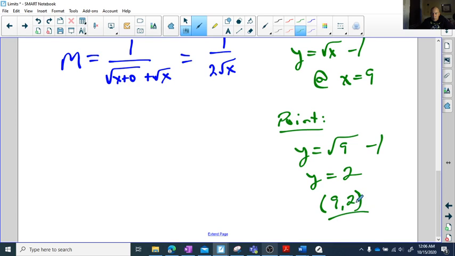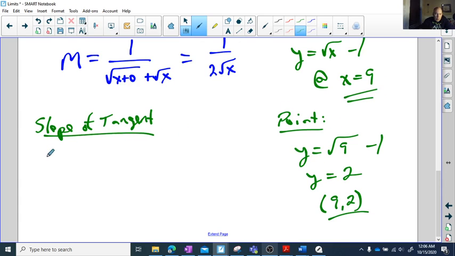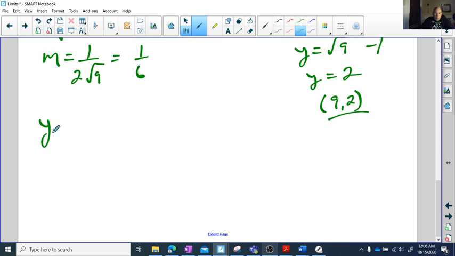So there's my point. Let's do slope of the tangent. And again, we're dealing with the situation where x is 9. So slope will be 1 over 2 square root 9. The square root of 9 is 3 times 2, so it's 1 over 6. Go to your formula, y minus y1 equals your slope, 1/6, x subtract your x coordinate.